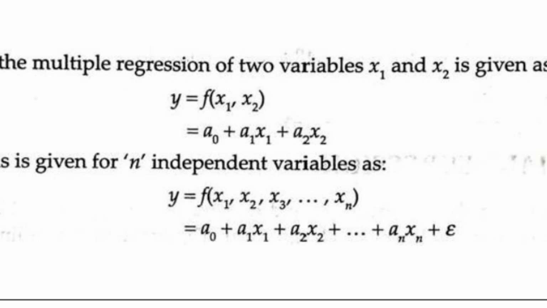So y is expressed in terms of x1 and x2. That is y equal to a0 plus a1 x1 plus a2 x2, like that it goes, plus epsilon. Epsilon is the error.